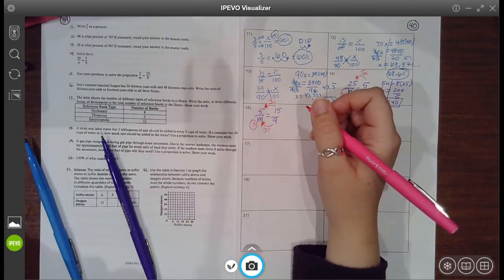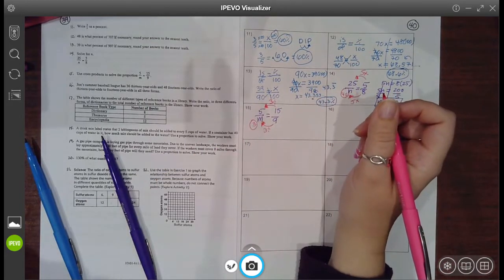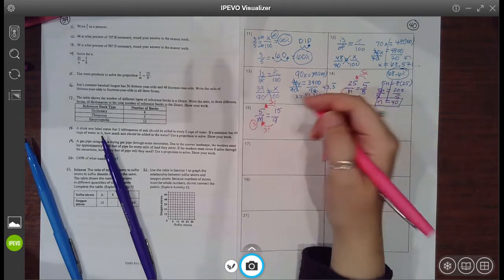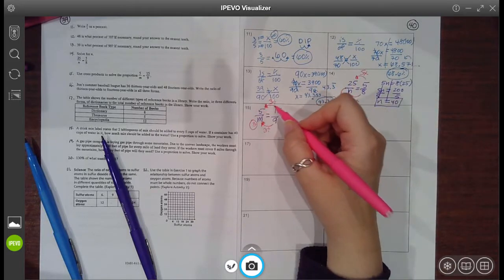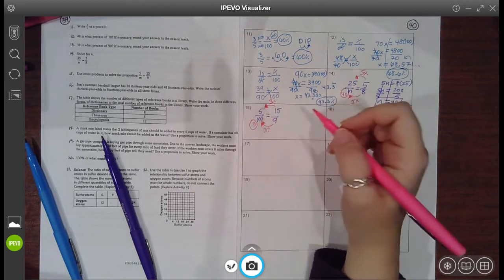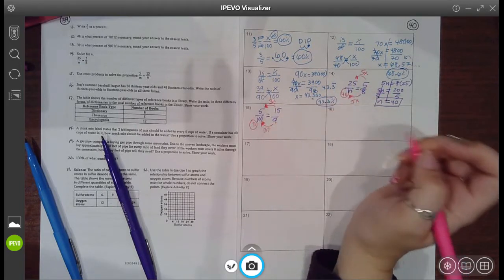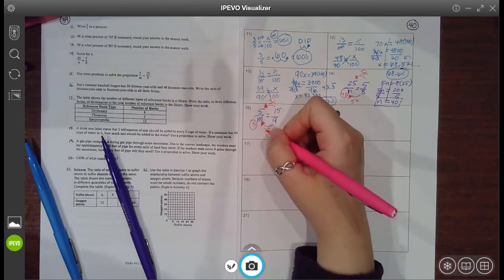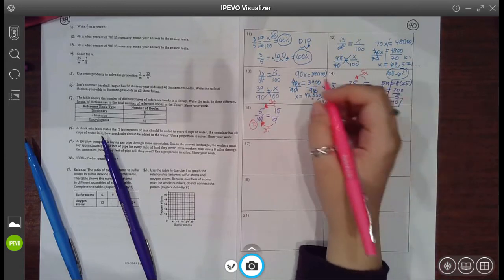And that's why sometimes we say maybe cross products is easier, because it takes away that chance that you could have accidentally gone, oh, times 3, so 9 times 3 is 27, when the correct answer should have been 3, because you need to go this way and divide by 3, not multiply by 3.